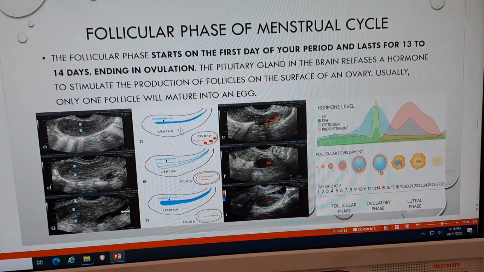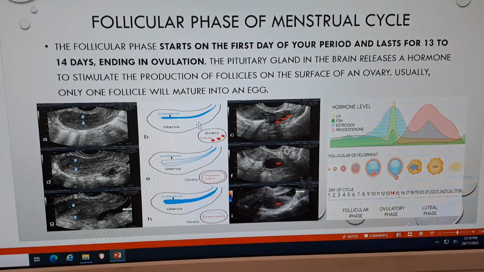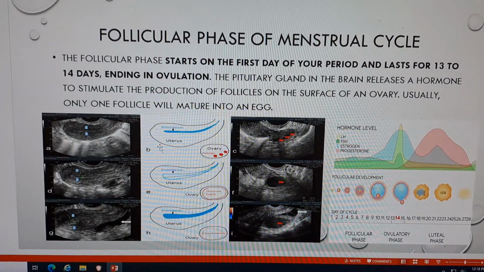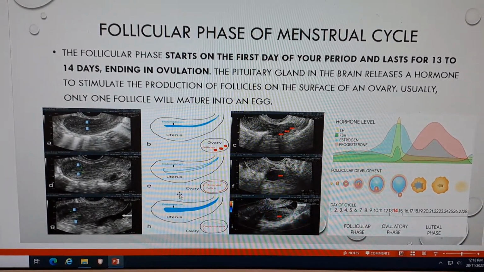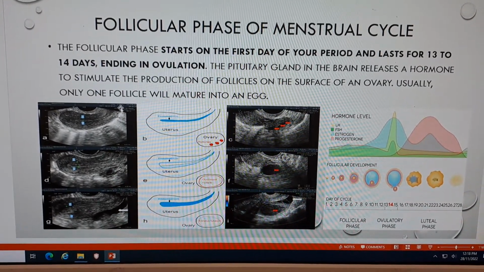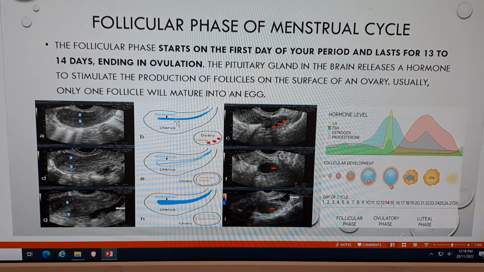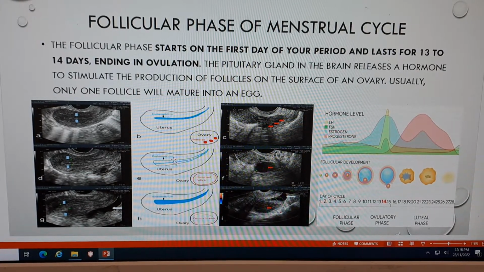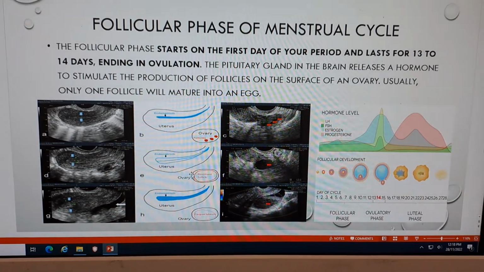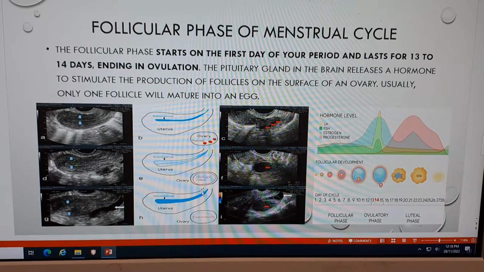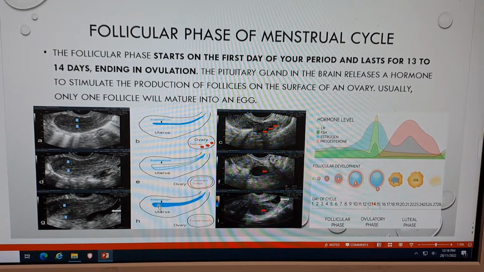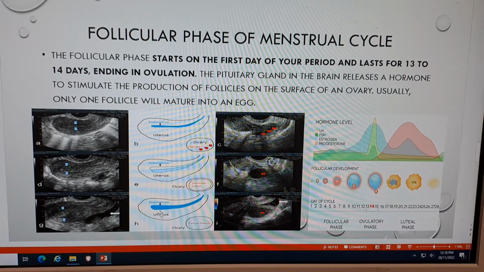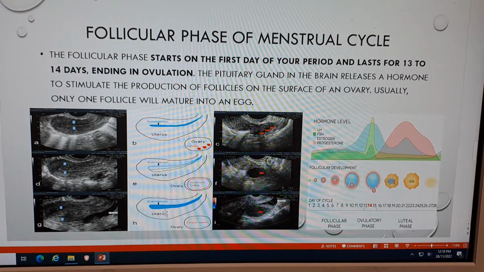Now you see the endometrium related to the stage on ultrasound. On ultrasound you have to see the thinning of the endometrium. Then in the follicular phase there is a three-line pattern, and the dominant follicle has a little fluid, which helps ovulation, called the ovulatory fluid.